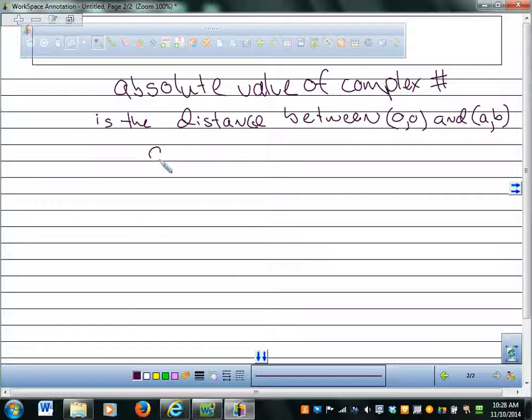So the absolute value of a plus bi is equal to the absolute value of z, if z equals a plus bi. Okay? It's the same way as you find the magnitude of a vector. It's just the square root of a squared plus b squared.